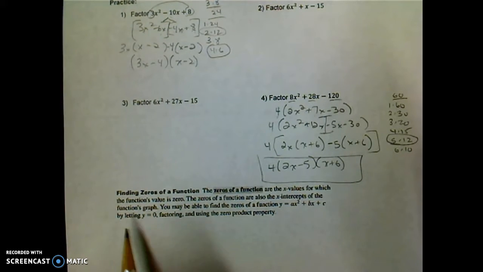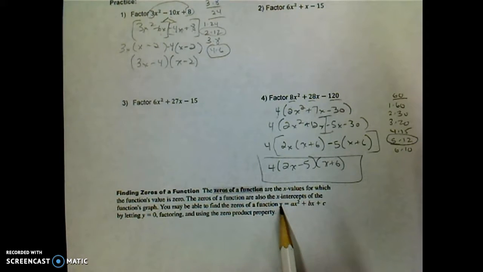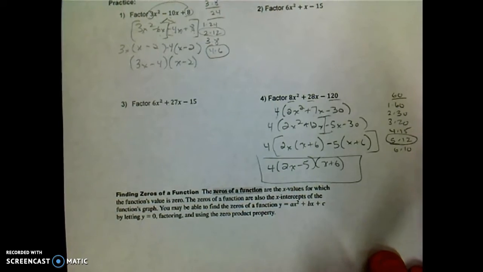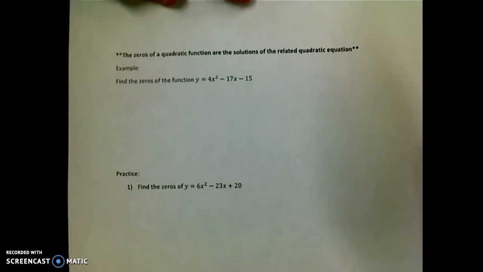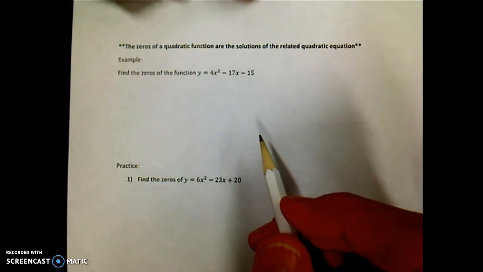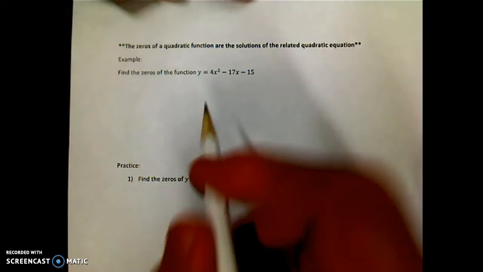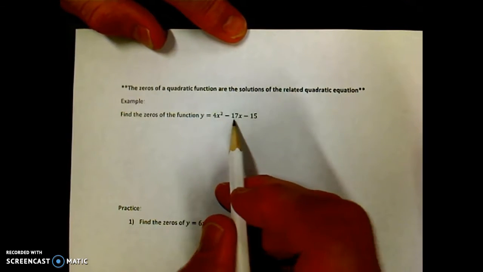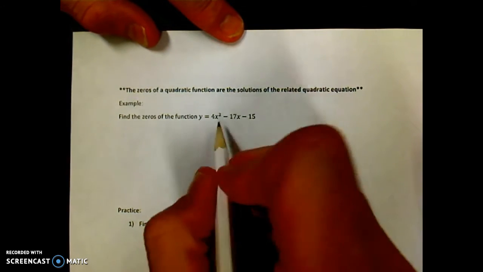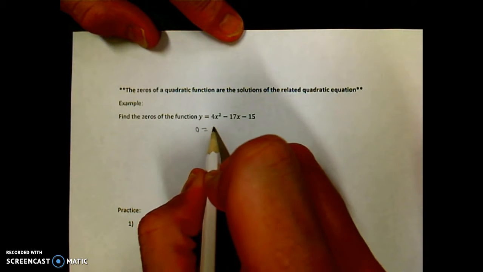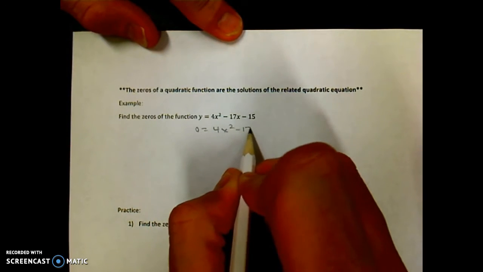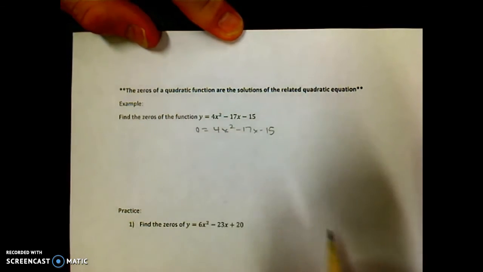It turns out that if we replace y with 0 and factor as we have done in the past, we can find those x-intercepts, which we're going to refer to as zeros of a function. As an example, y equals 4x squared minus 17x minus 15. Let's rewrite that. 0 equals 4x squared minus 17x minus 15.